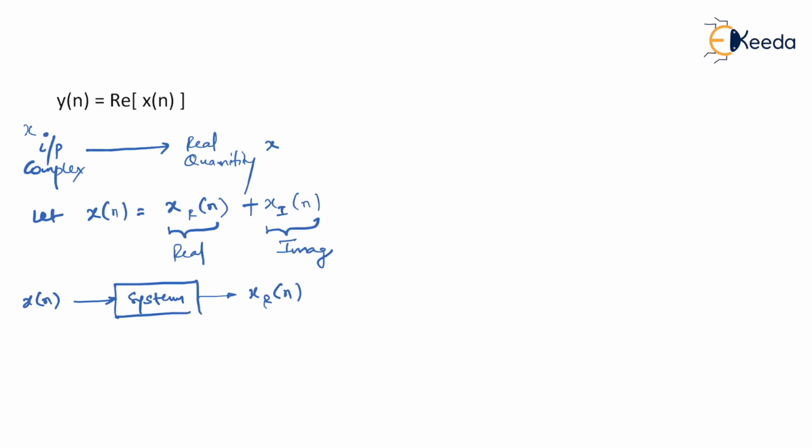That is, it is filtering out the imaginary part of x of n. In this, we can directly apply the homogeneity property, that is a times x of n. If you apply it, output will be a times xr of n. Is that right? Or we will elaborate this, it is better.